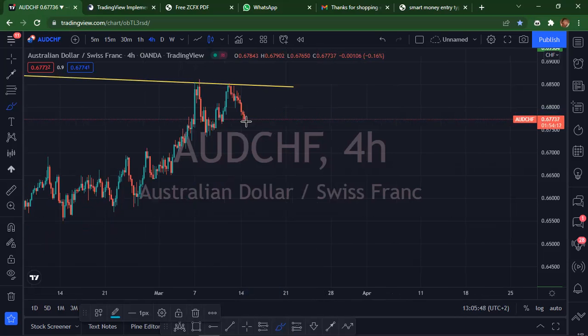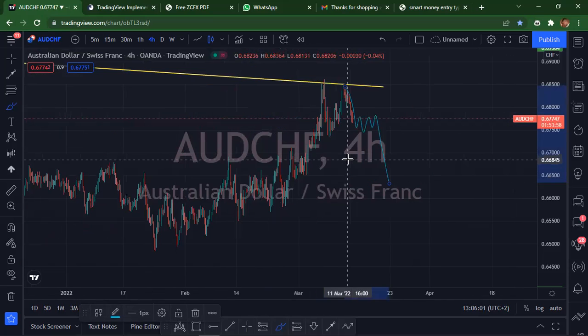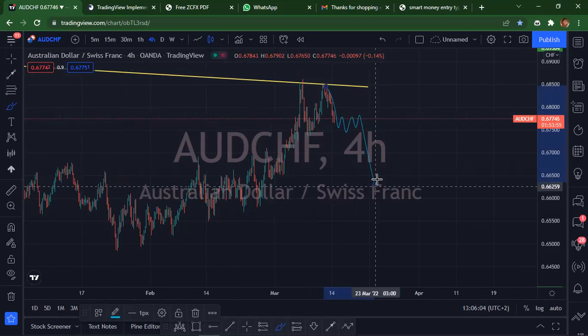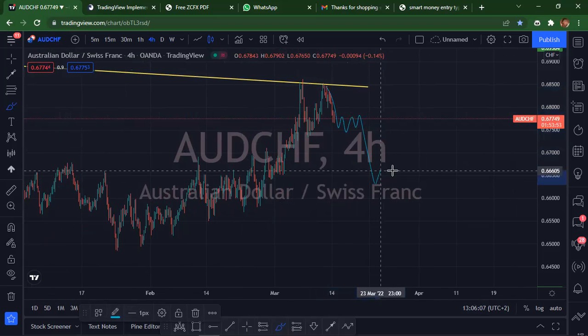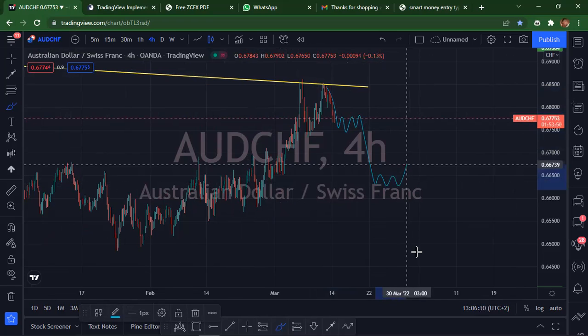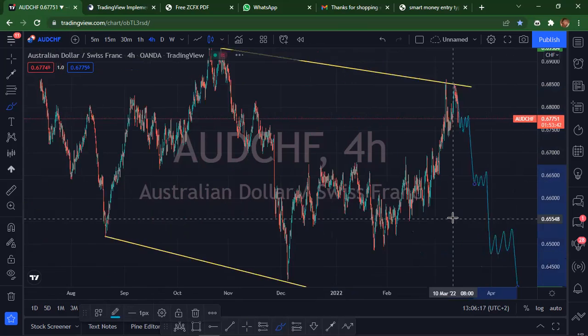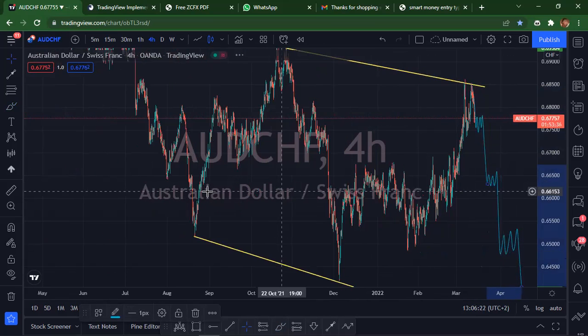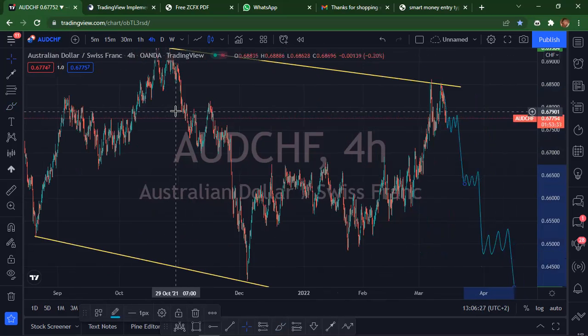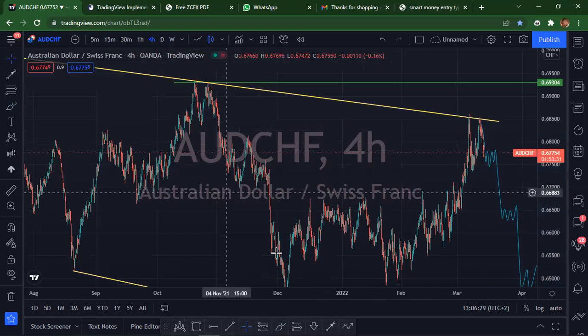Okay, we have our impulse to the downside, and now we are waiting for the market to give us a structure that will convince us that the market is now going down, and then we can expect a correction all the way to the downside on this swing.